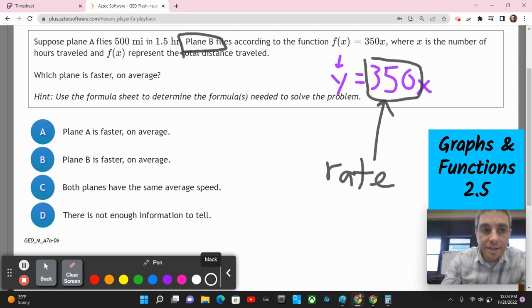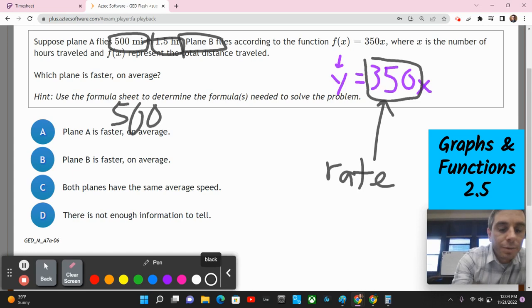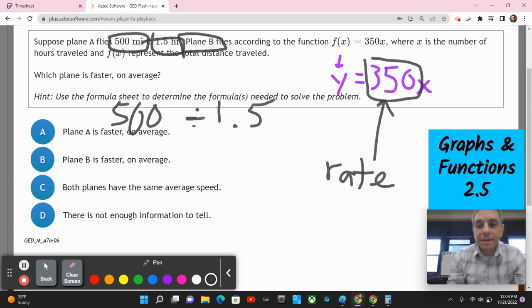Now to get how fast plane A is traveling, it says that plane A travels 500 miles in 1.5 hours. So that would kind of look like this: 500 miles per 1.5 hours. But we want that to be miles per hour, per 1 hour.